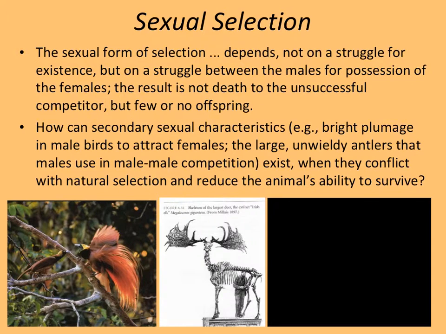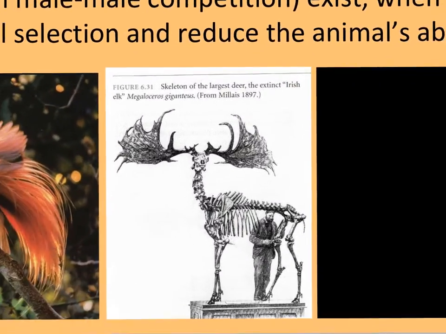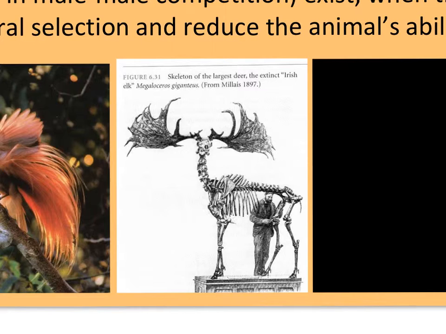But it can also be what are called sexual characteristics, like the plumes here, that the female decides on who to have sex with. Now, this is called an Irish elk, and this is the size of the man. It was huge. They obviously fought.